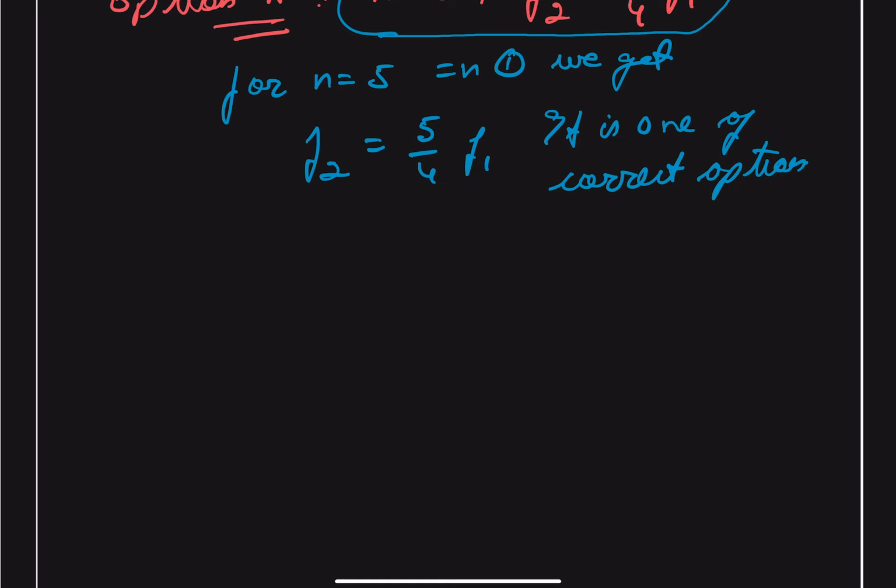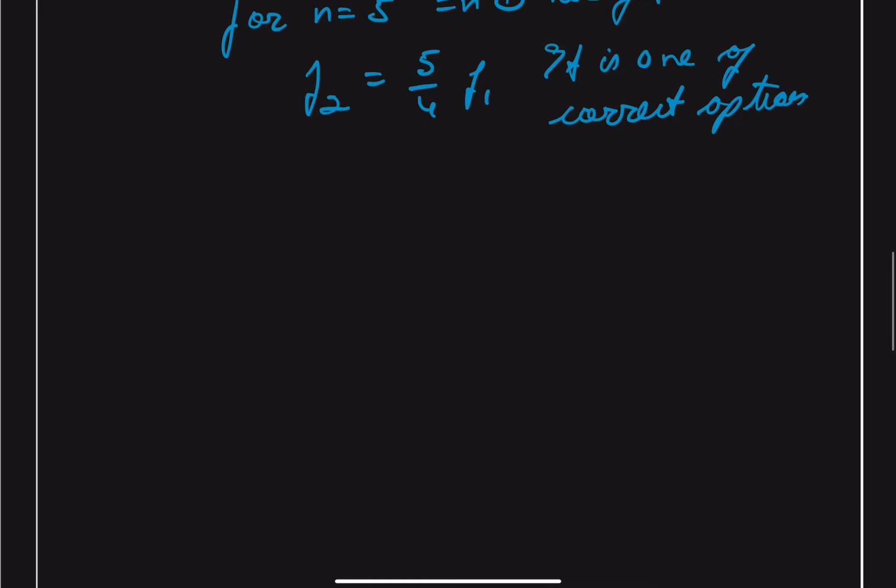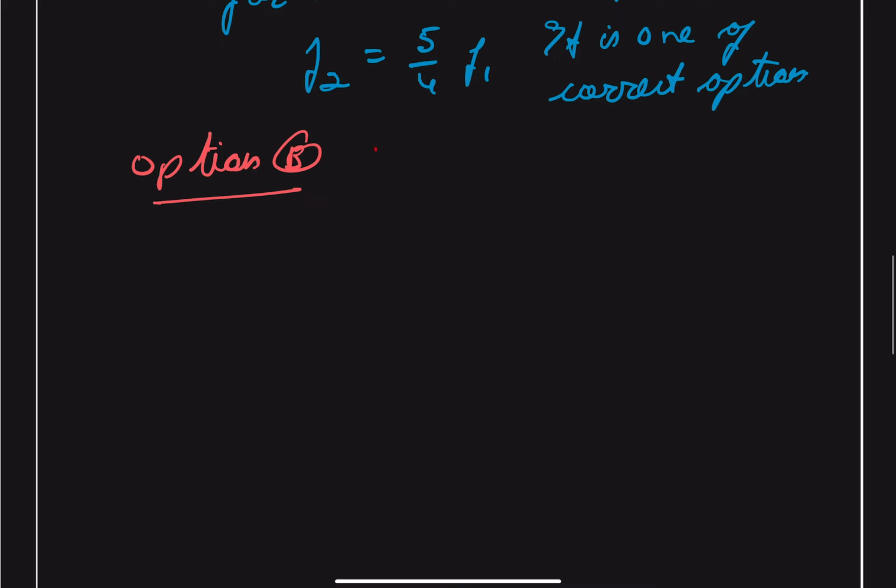Now let us try option B. Option B gives that the value of n is equal to 3 and f2 is equal to 3 by 4 multiplied by f1.